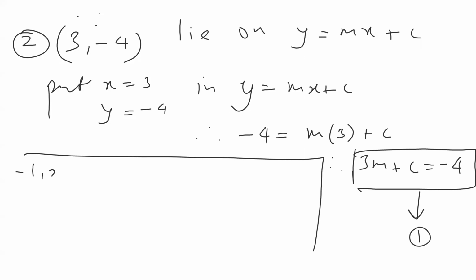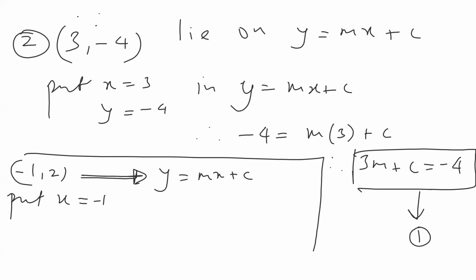Now similarly, -1 comma 2 also lies on y is equal to mx plus c. Since it lies on the line, we can put x as -1, y is 2 in y is equal to mx plus c, right? We can put these values in this particular equation because it is lying on the line. Otherwise, we cannot randomly substitute.